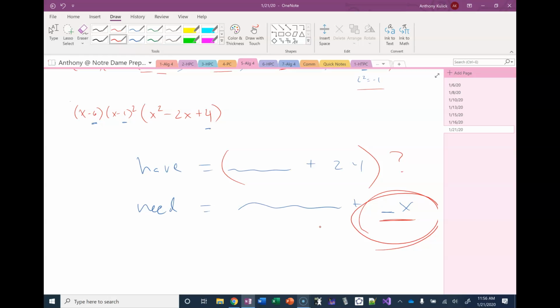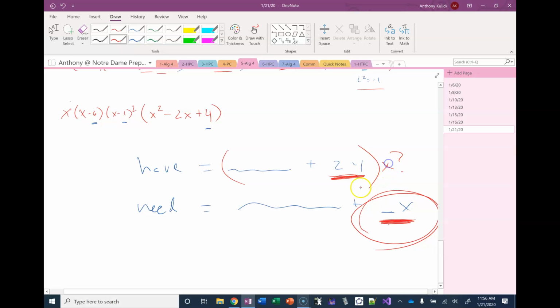Oh, so close, guys. Right now it's 24, and I want it to end with x, or something x. The x can have a coefficient on it, that's fine. But it has to have an x with it, whatever it is. 5x, 10x, 15x, whatever. x. Yes, that'd do it.